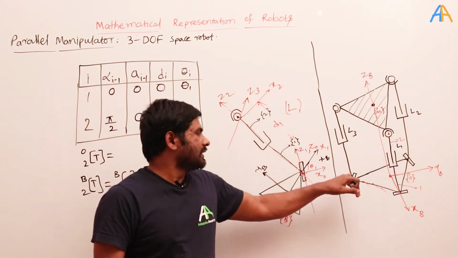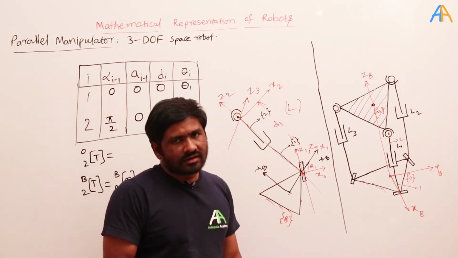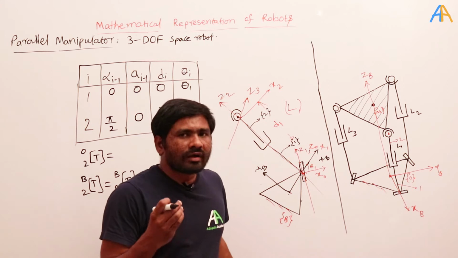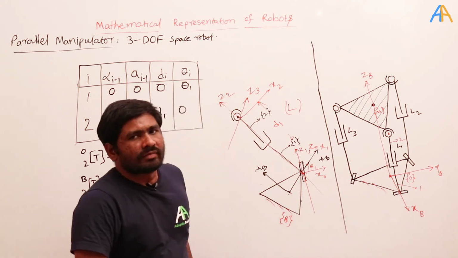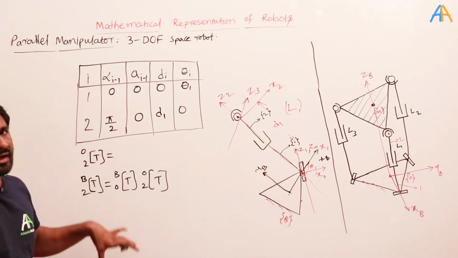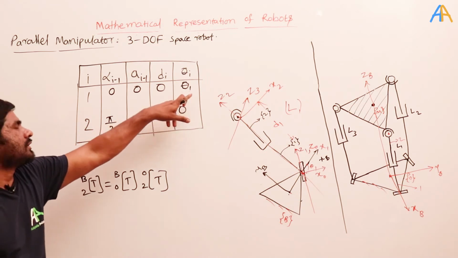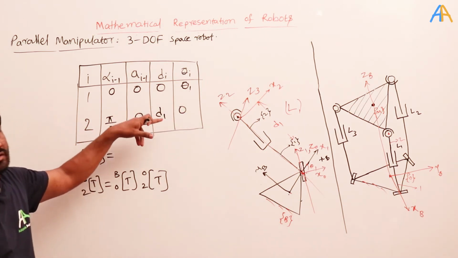And even for link 3 also we will choose x0, z0 as in the previous case. What I am trying to say is that the DH parameters for all 3 links are similar. Similar means we get the same thing. Instead of theta 1 we may get theta 2, instead of d1 you may get d2.